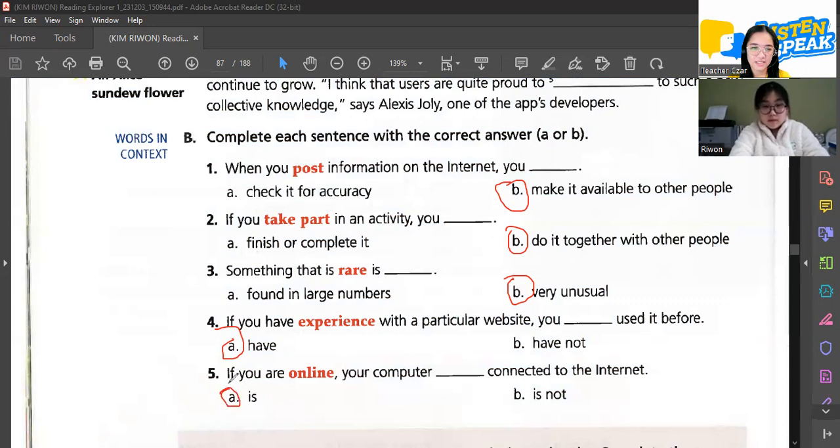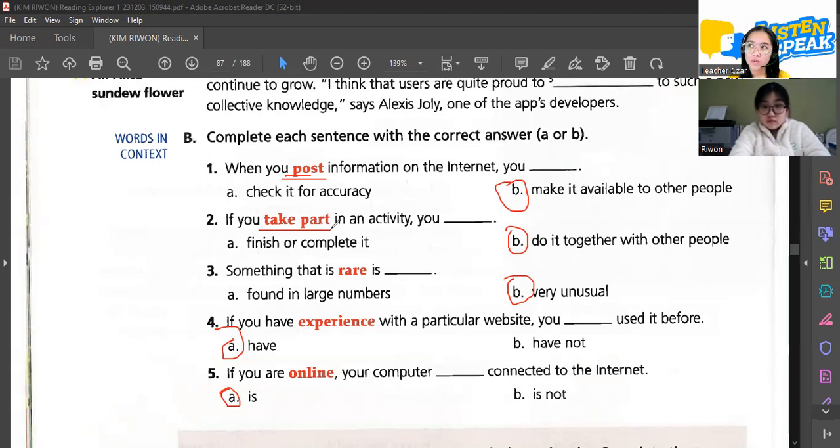Okay, very good. So now we are all done discussing this one. So as you can see, you have the word post, like in social media. If you post on social media, like for example on TikTok, you post some content or video, it means that you are making that content or those videos available to other people. Take part means that you are one of the people taking part in an action or an activity.